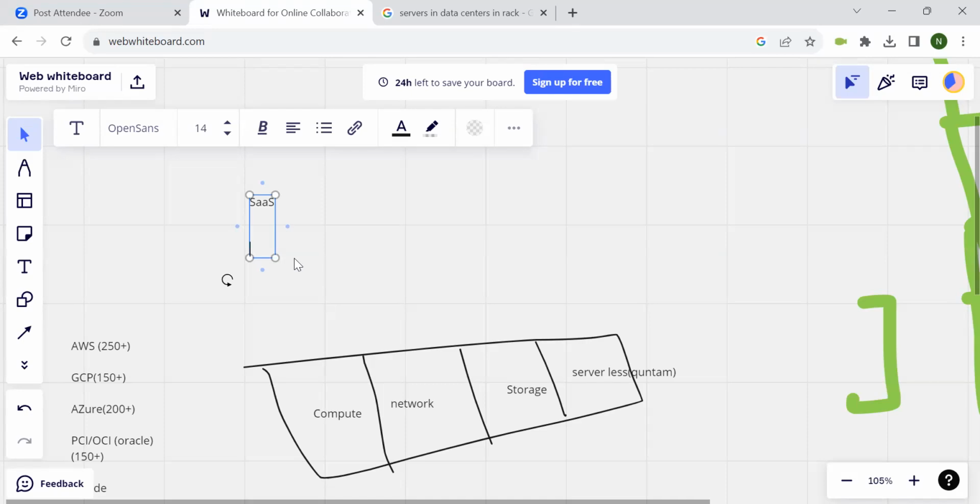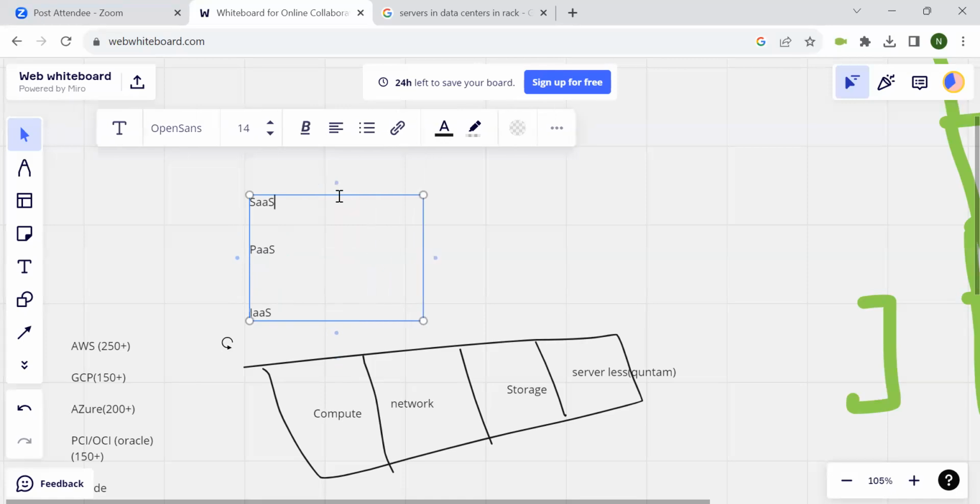Those are called SaaS, PaaS, and IaaS. What this means is these are the basic cloud principles, or the services which every cloud provider is offering. For example, SaaS means software as a service. They are providing you the software as a service.